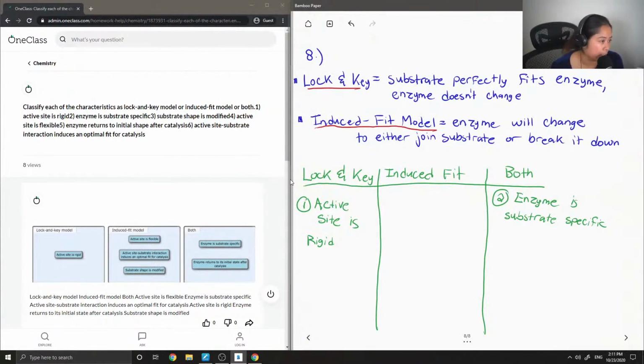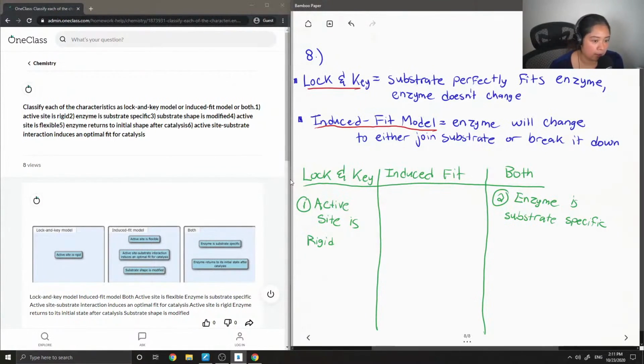The substrate shape is modified, so we know that this is induced fit. For 4, active site is flexible, again, we know this is induced fit.